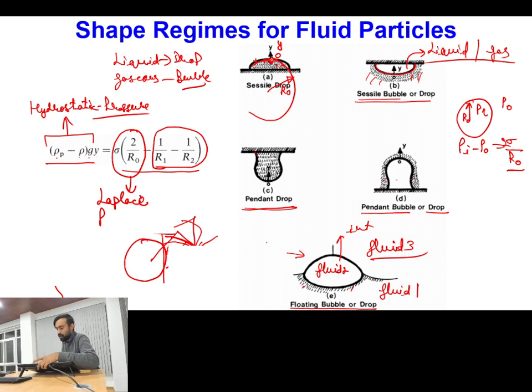So if I have my complete curve following this sphere, then only will I have these two balance each other, like in the case of spherical bubbles and spherical drops. But when a sessile drop is resting on the surface, its shape is not a perfect sphere. It has a shape other than a sphere.